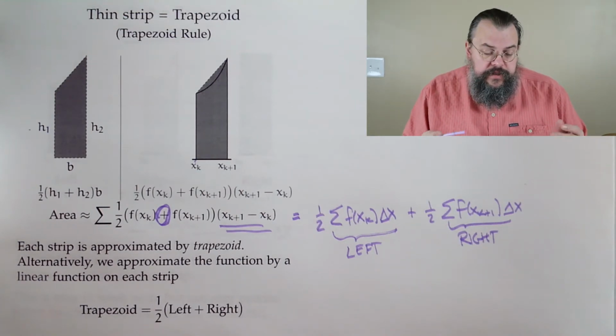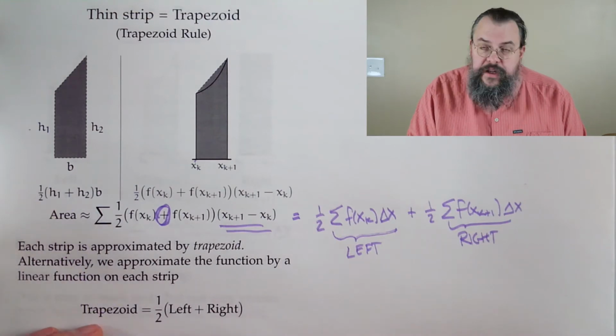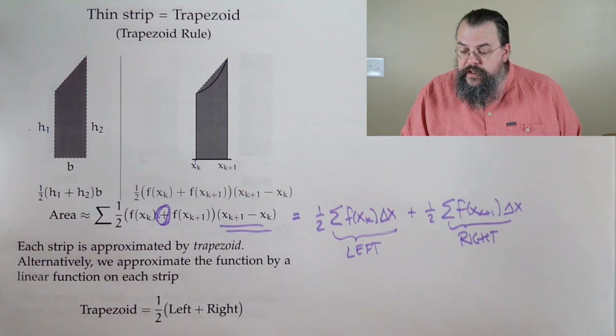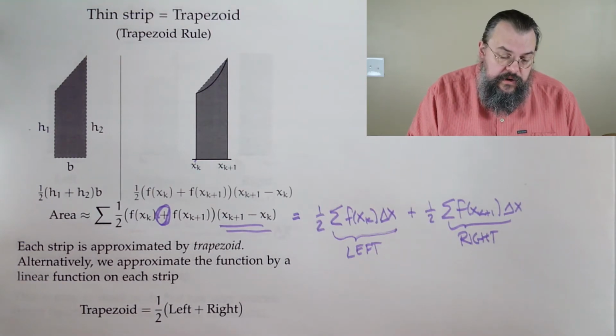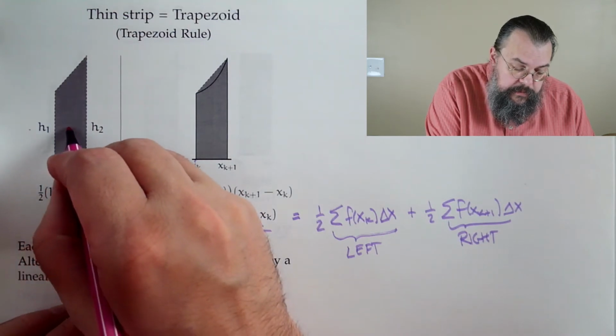By the way, I'll just point out, how can you get this formula, 1/2 h1 plus h2? Well, one way you can think about it is you go to the middle, and you say, look, let me go up here.